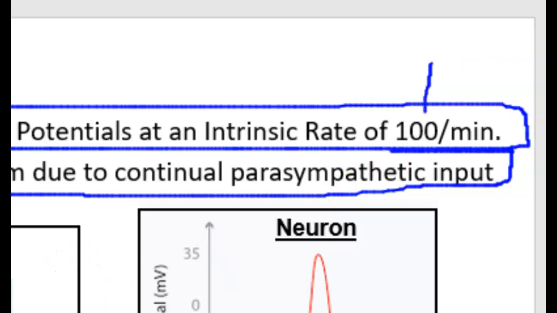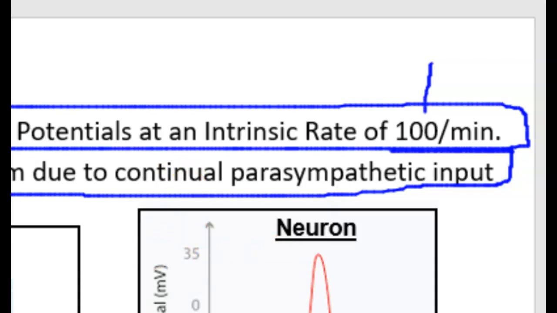And so notice that this larger diagram on the left shows two action potentials occurring in sequence in a cell of the SA node. Notice that these action potentials look a little bit different than the ones that we studied from neurons. Let's look at the details a little bit, comparing the neuron action potential on the right with the SA node action potentials on the left.